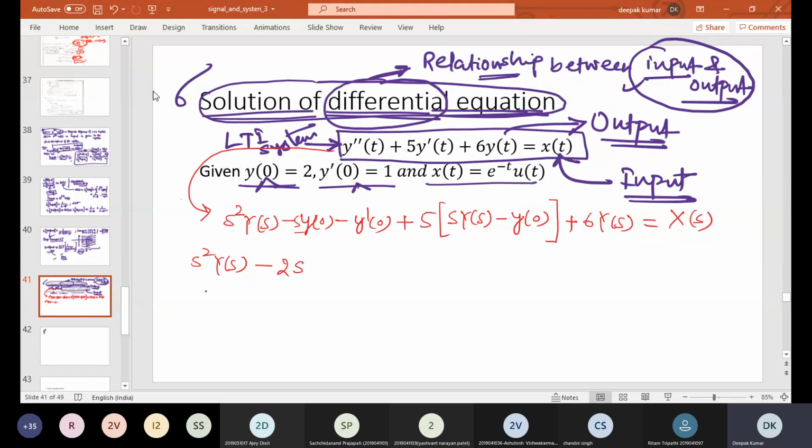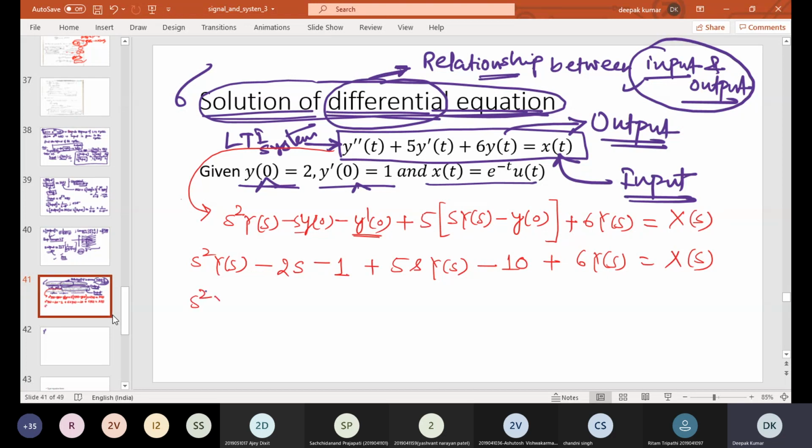Basically we can write like this, and this is y dash 0 is 1, plus 5 s ys minus 10 into y of 0 is 2, 10, plus 6 ys is equal to x of s.